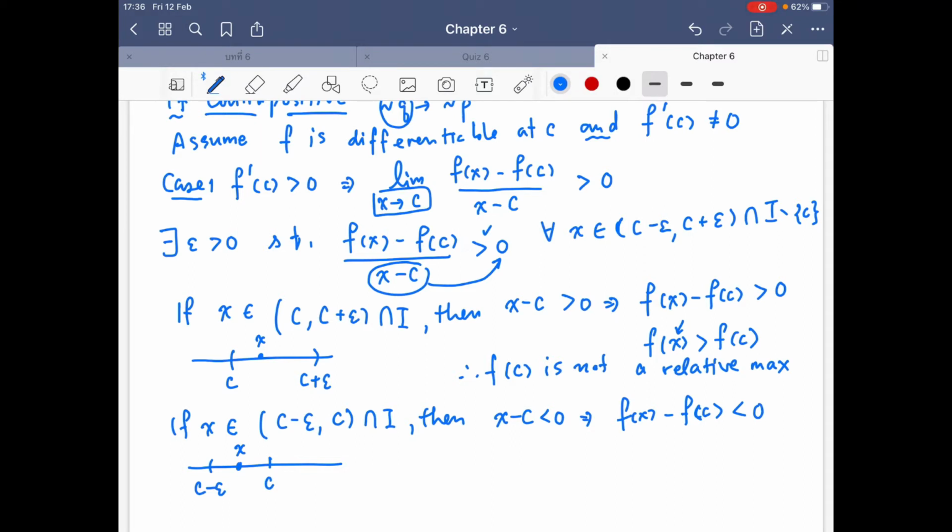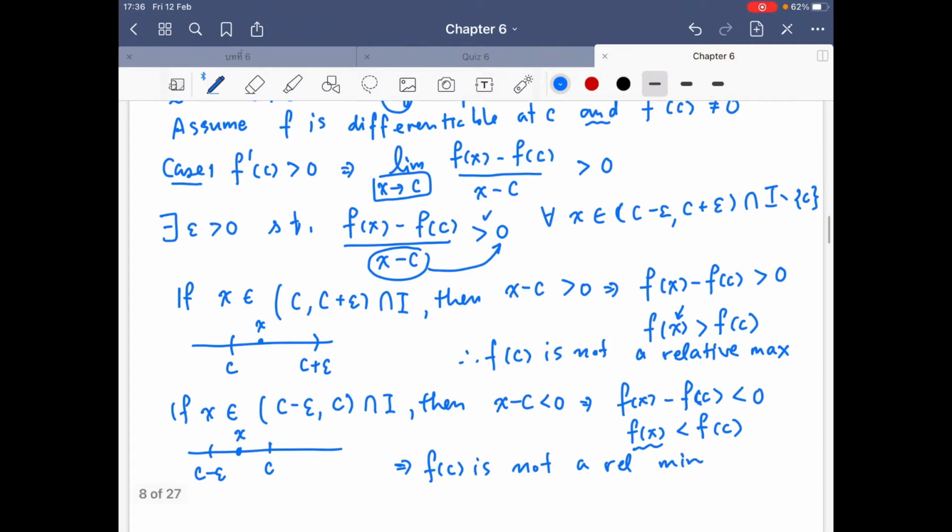So f(x) will be less than f(c). So there's a value that is less than f at this particular point c. So this cannot be a relative minimum.